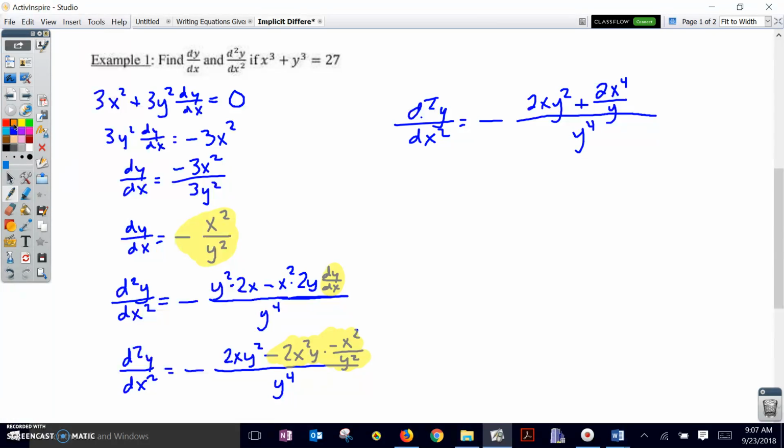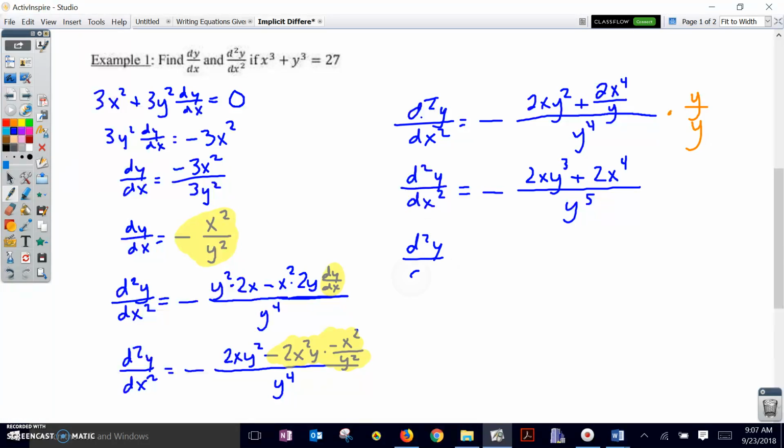So to clear the y out of the denominator up in the numerator, I'm going to take both the numerator and denominator and multiply them by y. I've got d squared y/dx squared equals the opposite of 2xy to the third, don't forget to multiply that term by y, plus 2x to the fourth, all over y to the fifth.